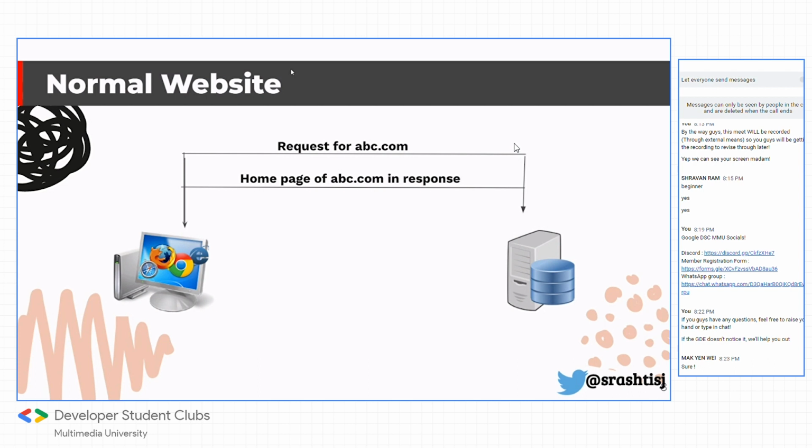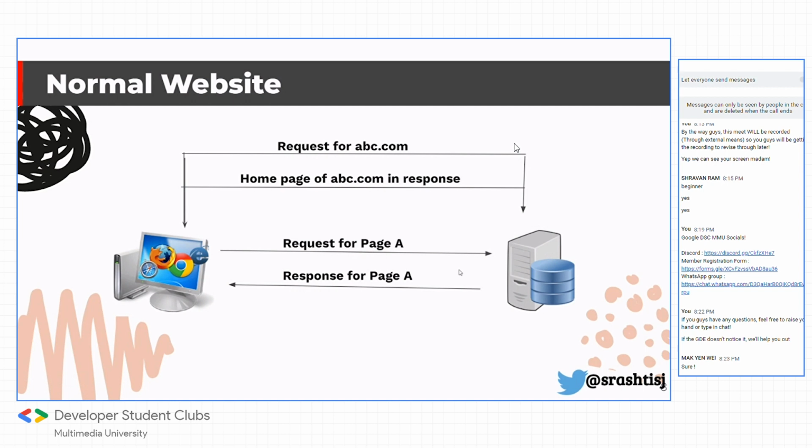So this is our system, and this one is a server, and we requested this website and they gave us the homepage. Now we requested page A, and they responded with page A. That's what happens in normal websites.